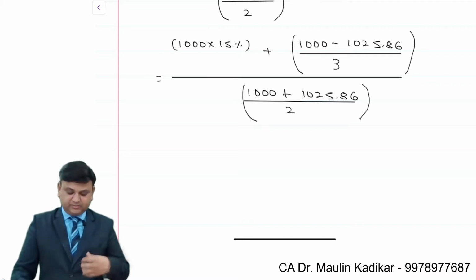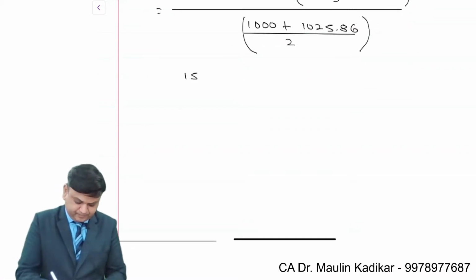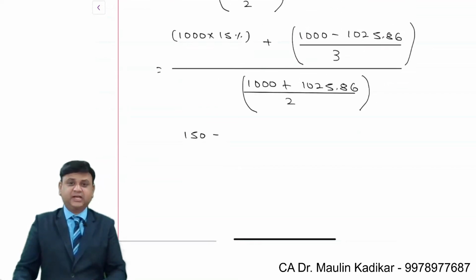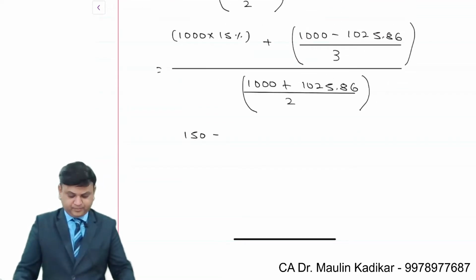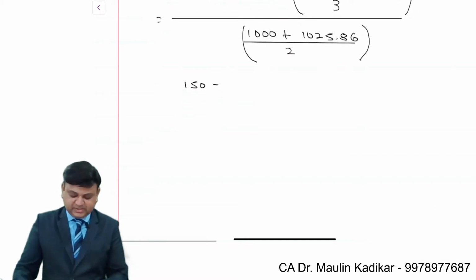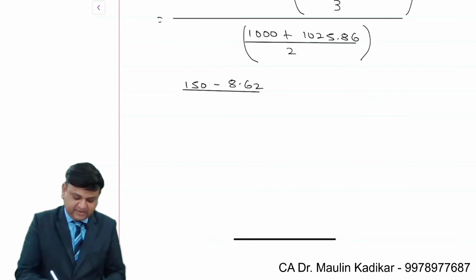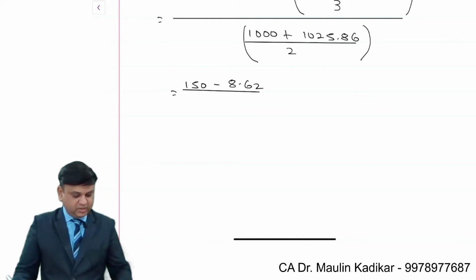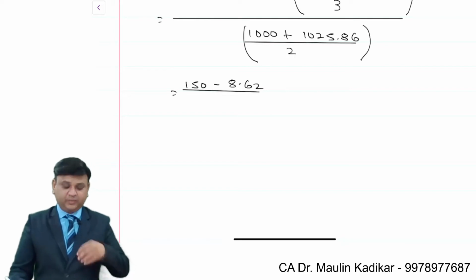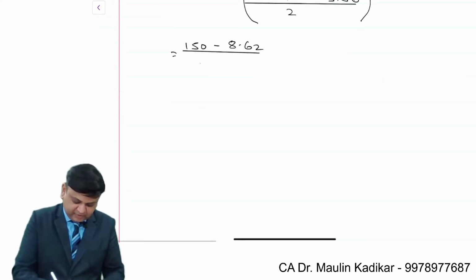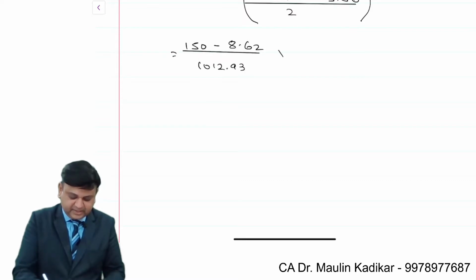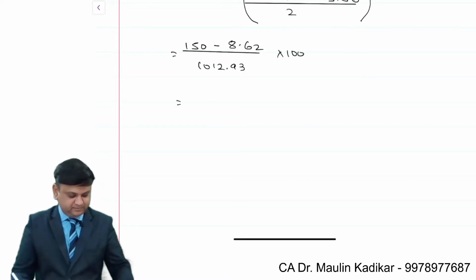So 15% of 1000 comes to 150 minus, why? Because that is negative. So it comes to 25.86 divided by 3, that is 8 rupees 62 paise. Whole divided by average, that is 1000 plus 1025.86, total of both divided by 2, so 1012.93, into 100 for getting the answer in percentage terms.